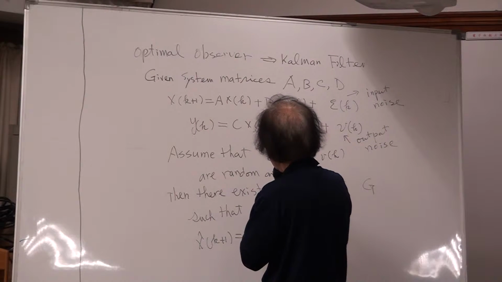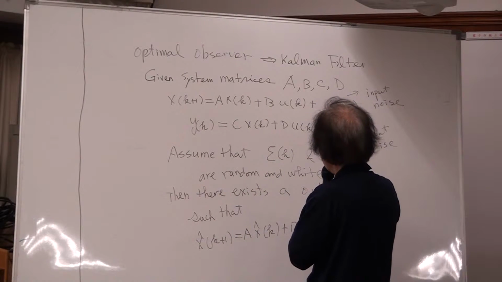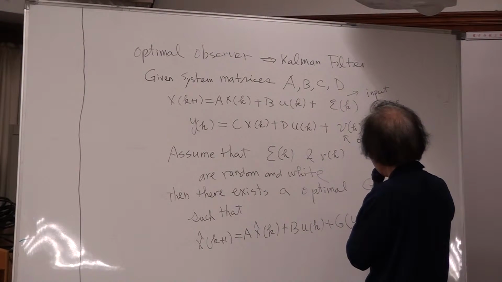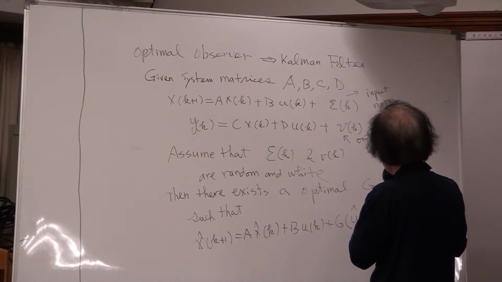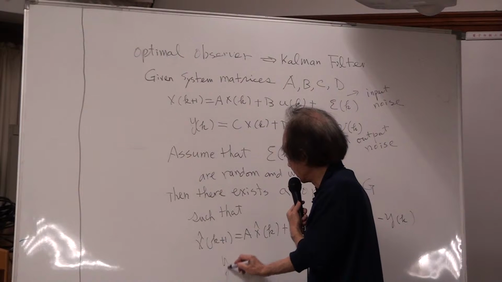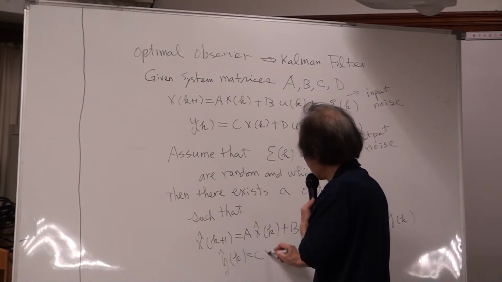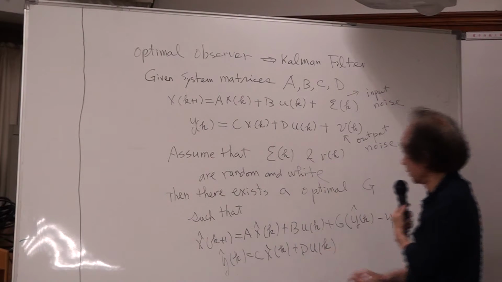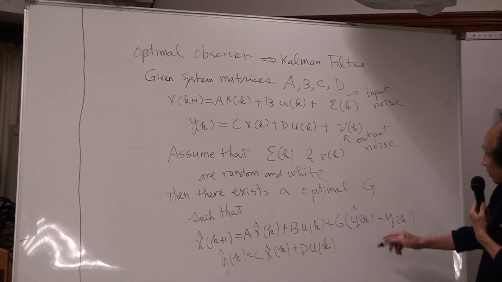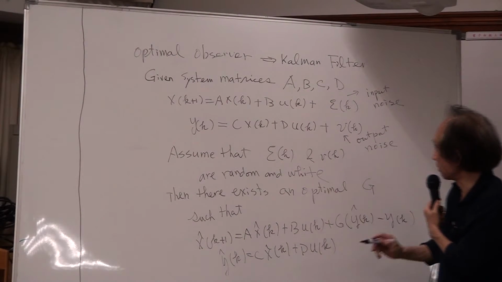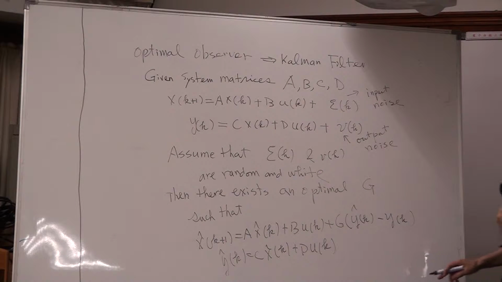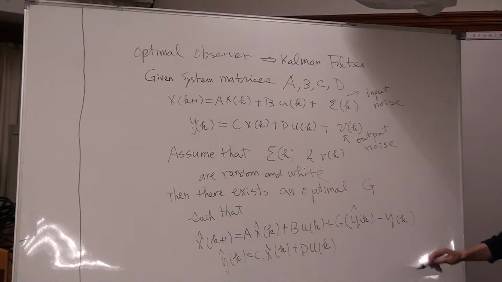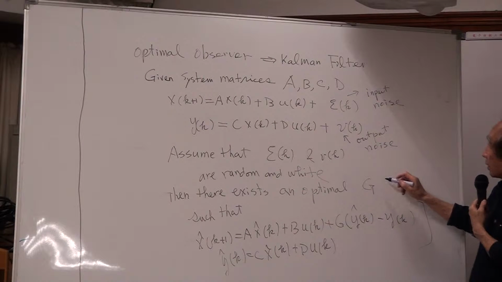X hat K plus 1 equals A X hat K plus B U K plus G Y K minus Y hat K, and Y hat K equal to C X hat K plus D U K. The state estimate and optimum G such that this is the state estimator, the estimated state.